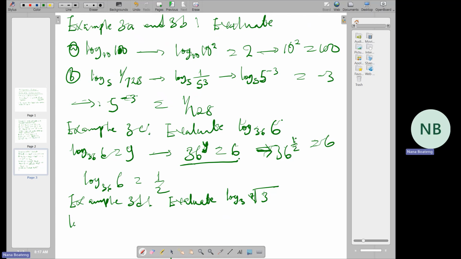This is equal to log to the base 3 of 3 power 1/7, since the 7th root of 3 is 3 power 1/7. And this is equal to 1 divided by 7 because 3 power 1/7 is equal to the 7th root of 3.